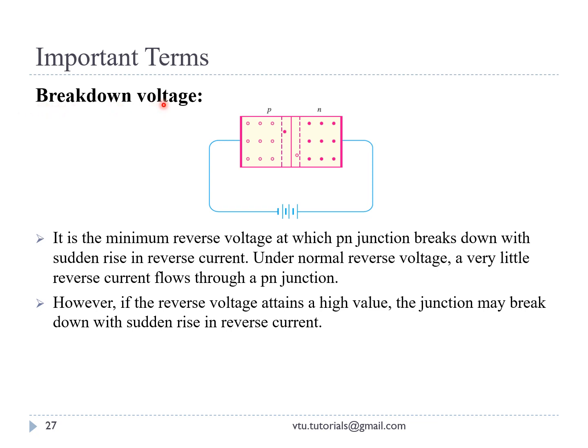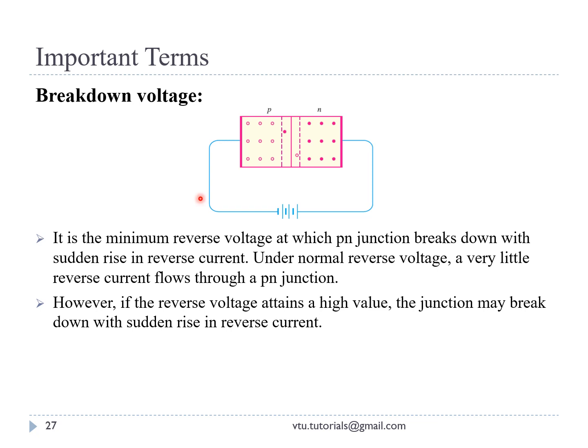It is the minimum reverse voltage at which the PN junction breaks down with a sudden rise in current. Under normal reverse voltage, a very little reverse current flows through a PN junction. If the reverse voltage attains a very high value, the junction may break down with a sudden rise in reverse current.